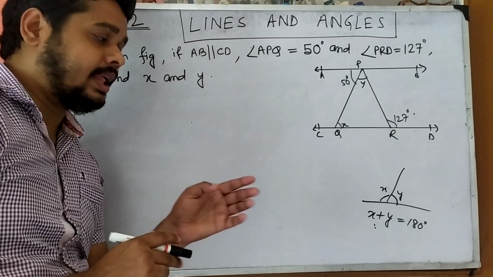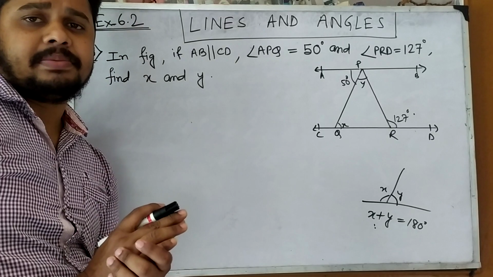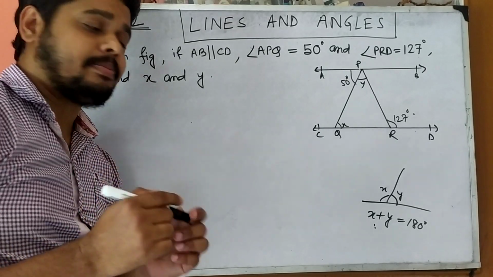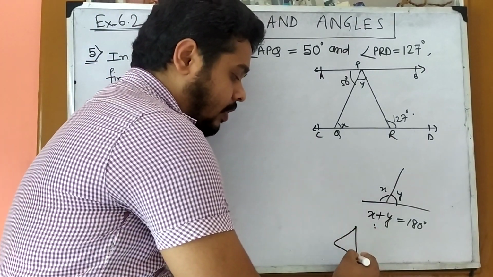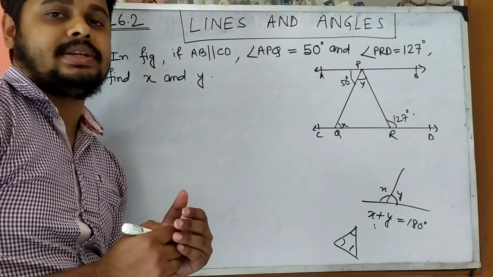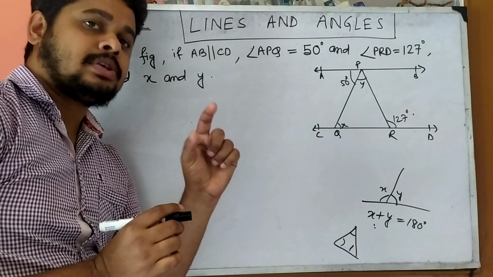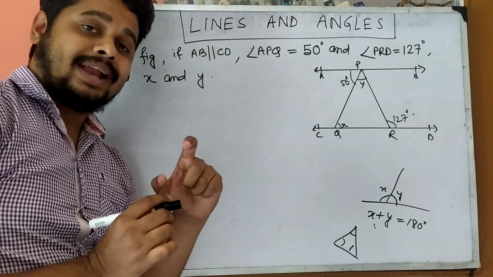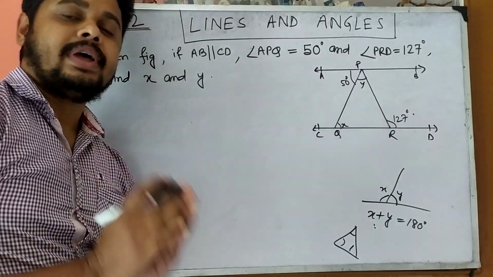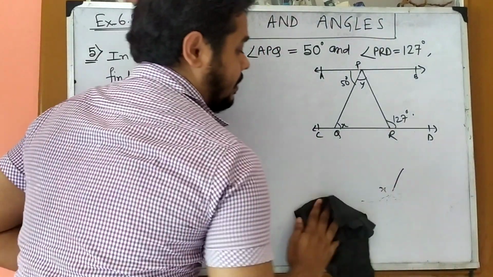But unfortunately, that time I mentioned this property is called angle sum property. You know that angle sum property is the sum of all three interior angles of a triangle is 180 degrees. So just correct that part. In place of angle sum property, that will be linear pair of angles. Clear? Okay, let's start.